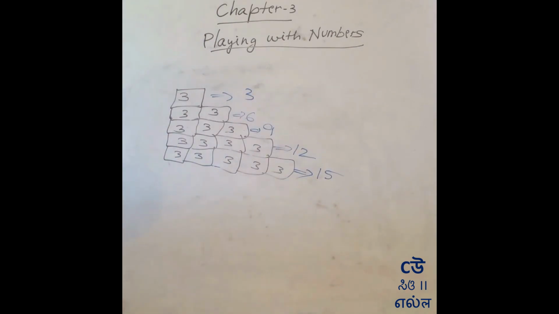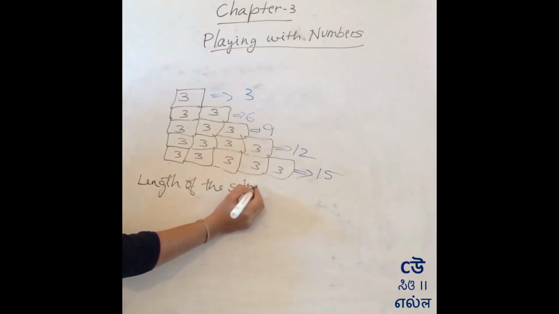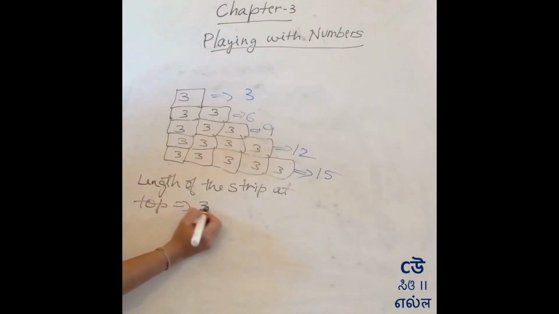So what was the length of the strip at the top? The length of the strip at the top was 3. So 3 it is.